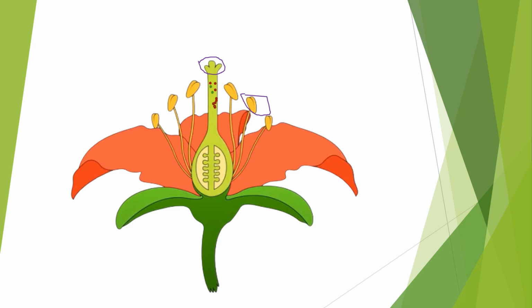Fertilization is when these pollens that have now entered stigma move further downward into the ovary, whereby they fertilize the ovules that are already present in the ovary. So this is the major difference between pollination and fertilization.